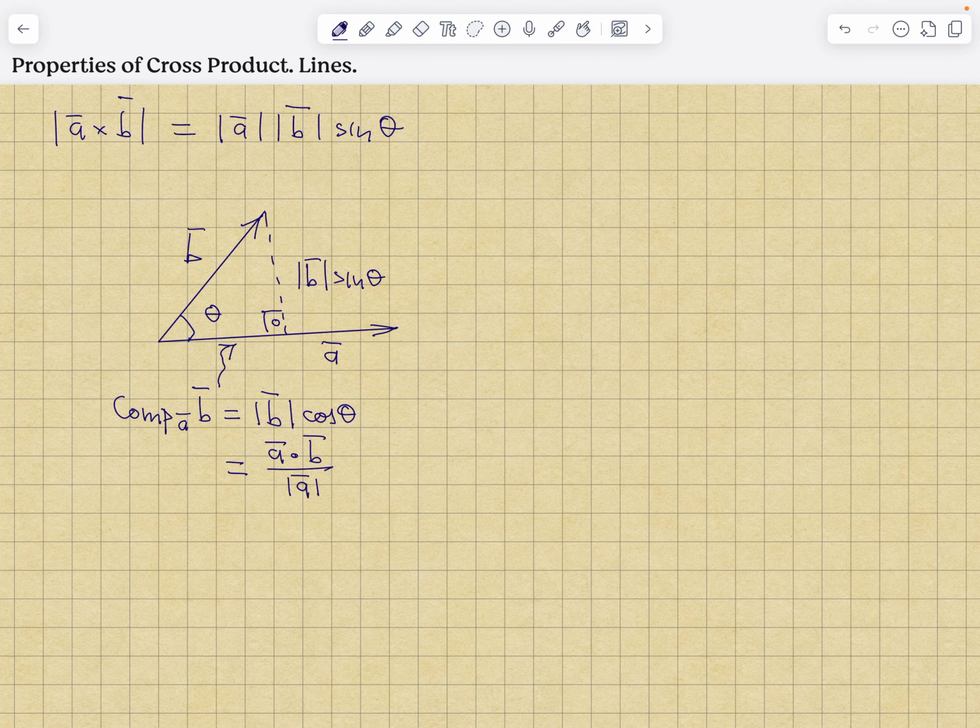And so now I'm going to complete this geometrical figure by drawing two more copies of vectors A and B.